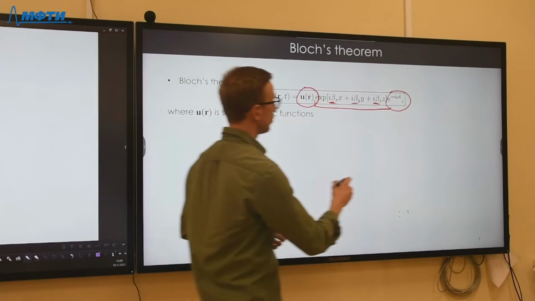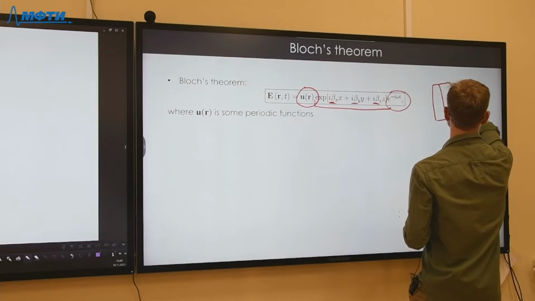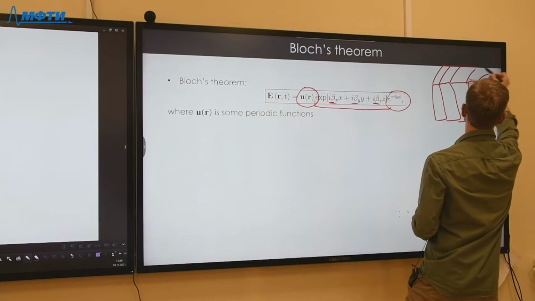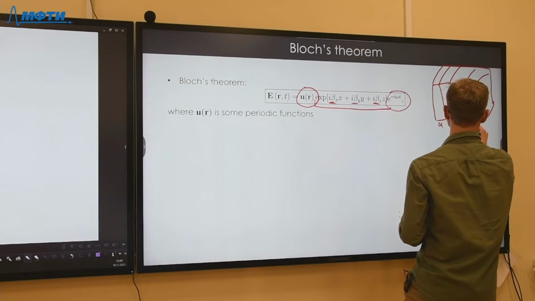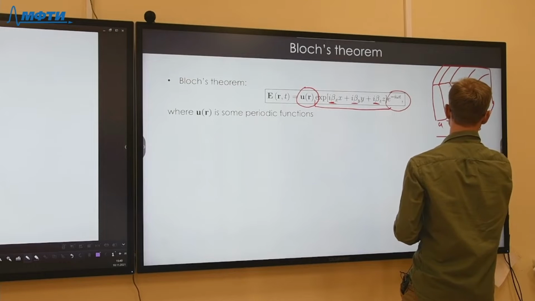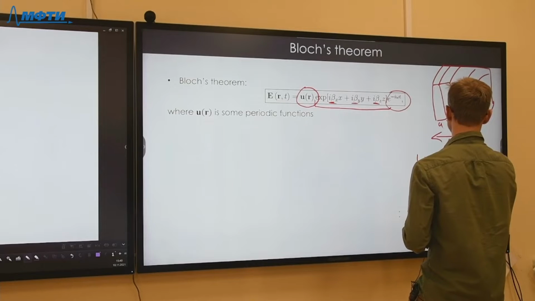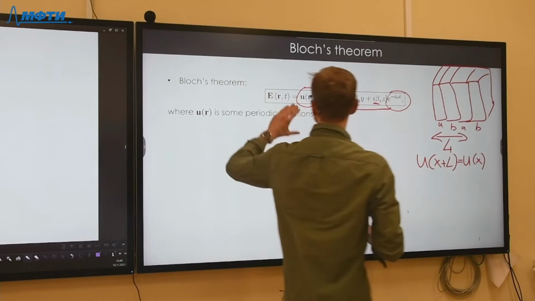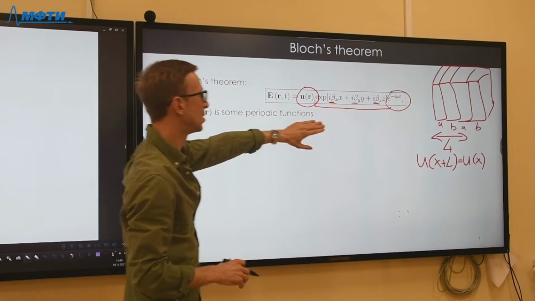So if this is our lattice, let's say this is a set of films, and this is layer A, this is B, this is A, this is B, and the thickness of the entire period is L. Then u(x + L) equals u(x). So the periodicity of this Bloch prefactor matches the periodicity of our structure.